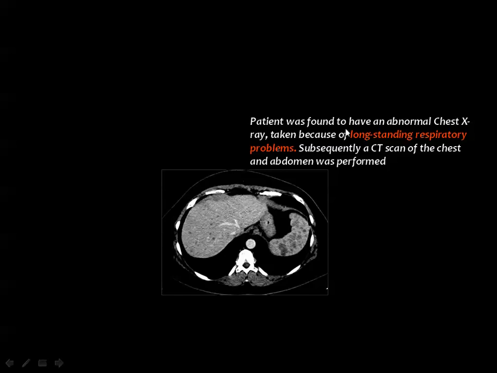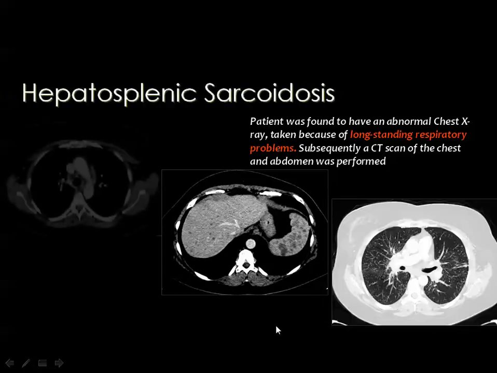Then in this particular patient who had an abnormal chest X-ray taken because of long-standing respiratory problems, a CT scan of the chest and abdomen was subsequently performed. This is a slice from the scans of the abdomen showing small lesions scattered in the liver and other lesions in the spleen, and these lesions by CT do not look cystic.